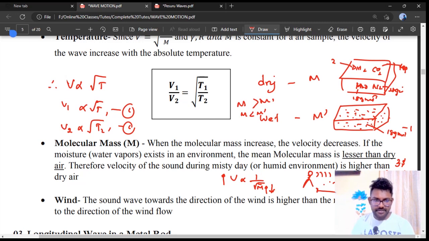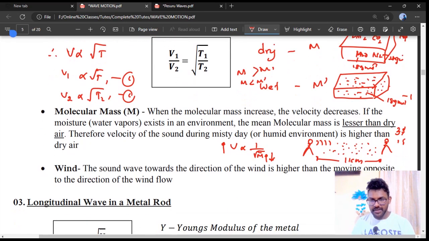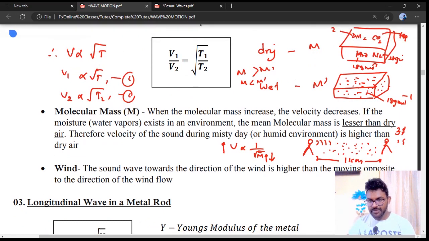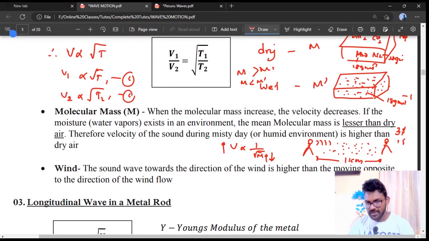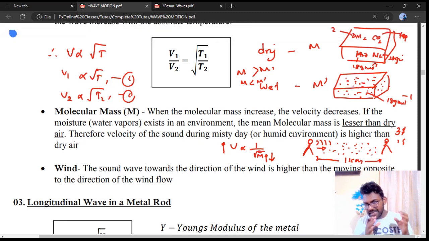Then the next thing, the final thing, is the wind. When you have the wind in support, let's say you shout something into the air, and the wind is in the same direction, what happens? The velocity of the particles moving forward, the compressions and rarefactions moving forward, will be added to that velocity.